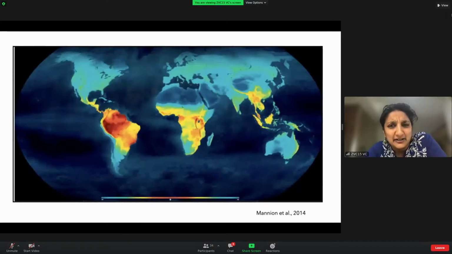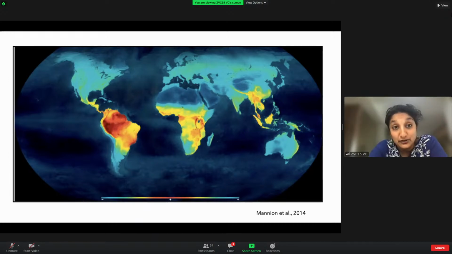So where is biodiversity high? Let's break this down a bit. This is a map of vertebrate diversity. It's an index called species richness, which is simply the sum total of species, the number of species in a particular location. It's a beautiful map. I love maps. But this map shows you that we see high species diversity or richness in the tropics.